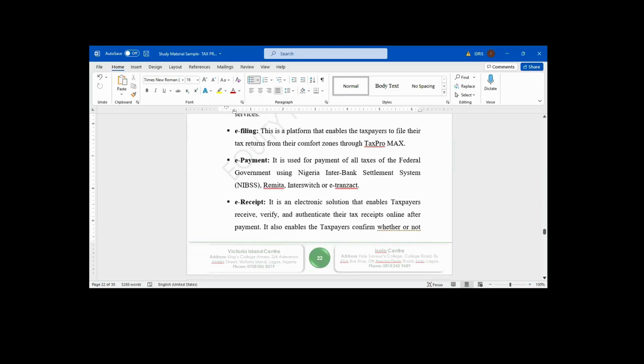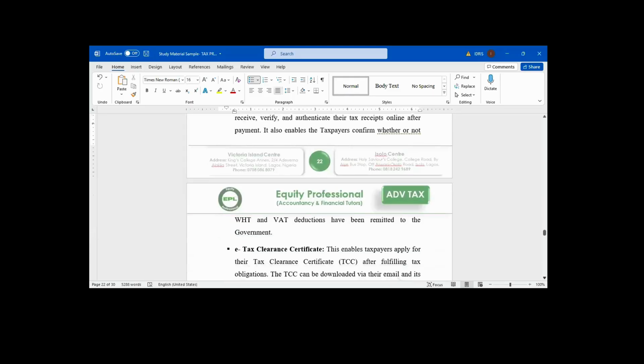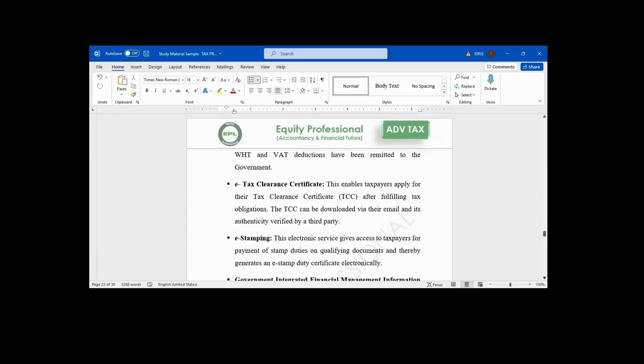We have another one called e-tax clearance certificates. If you need a tax clearance certificate for your client, you can generate it under Tax Promax electronically.